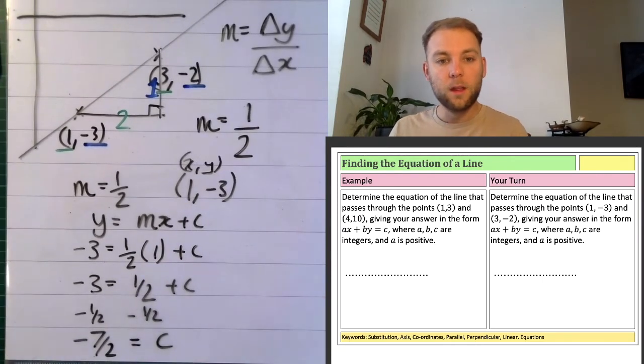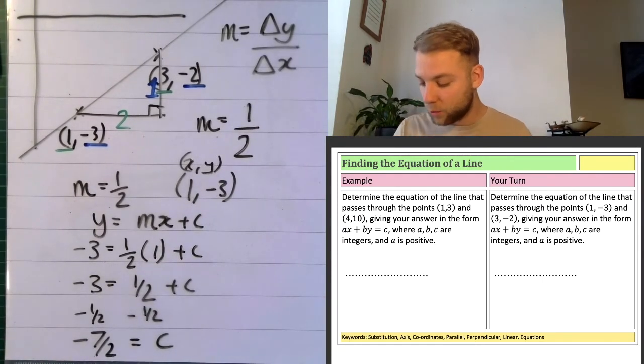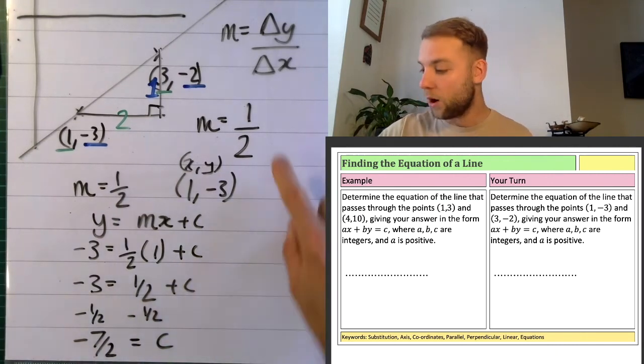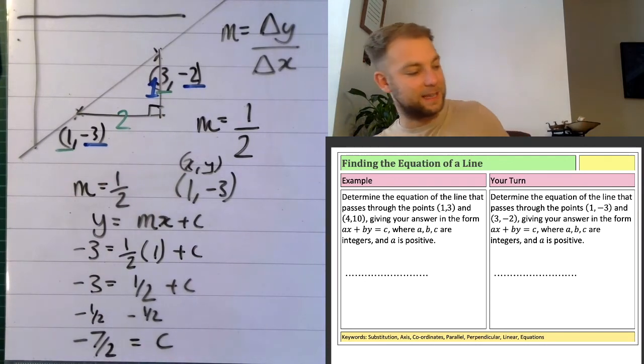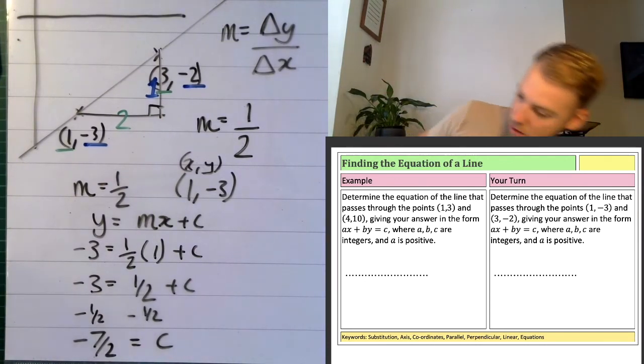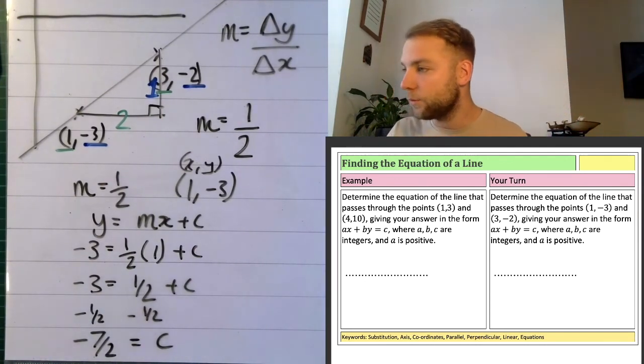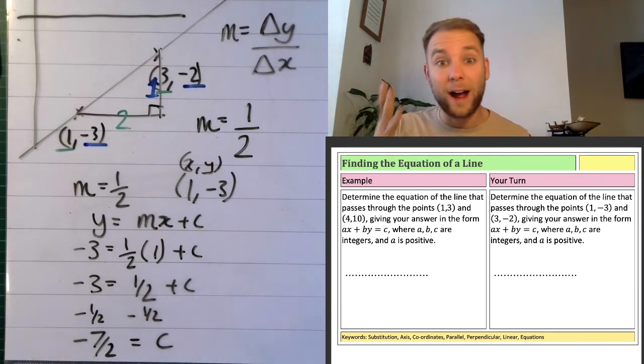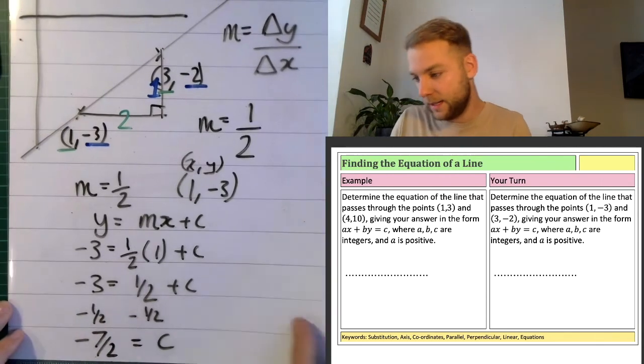Now, we still haven't finished it. We're still quite a long way off, remember. Because we've got c, which is this value, -7 over 2. We've got m, which is a half. But we still need to create the equation of the line, and we also need to write it in the format that they want it.